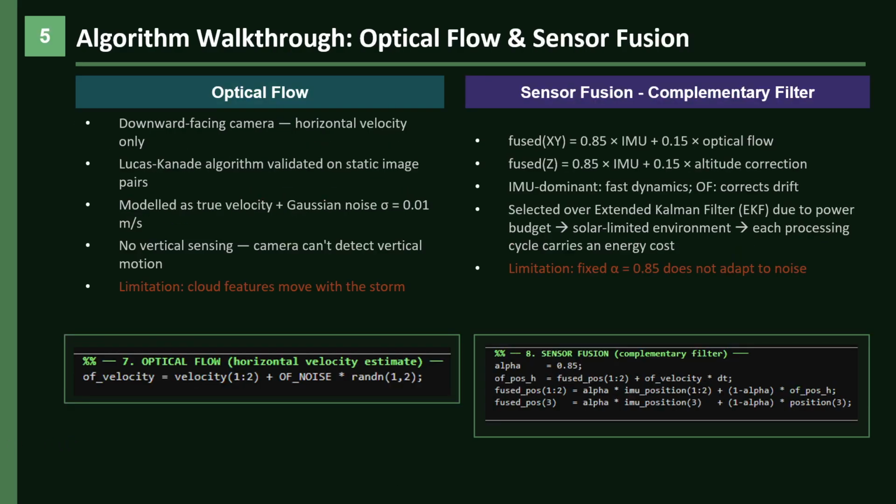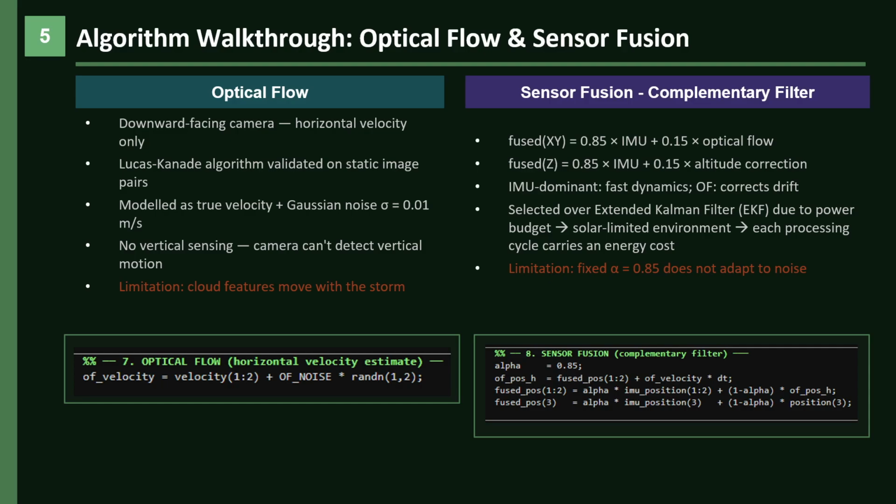So for my optical flow, the model has a downward facing camera that is used to observe cloud textures, but this only works for horizontal velocity. The algorithm I used was Lucas-Kanade, and I validated this using static image pairs within MATLAB.